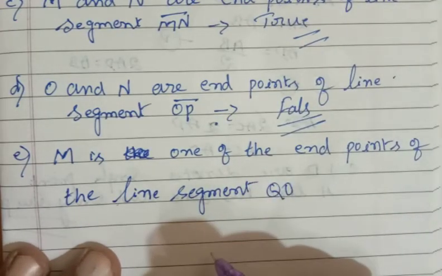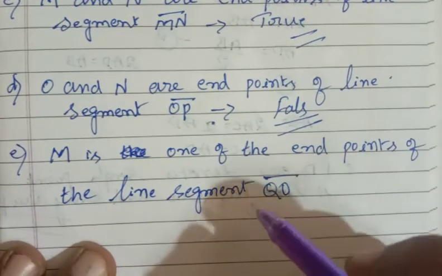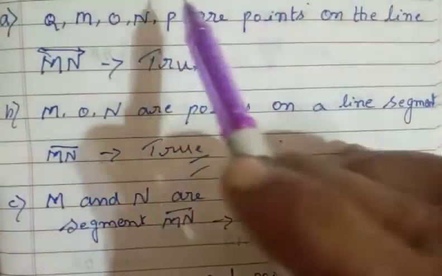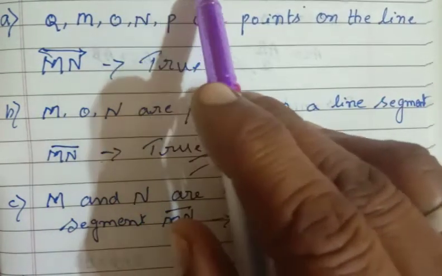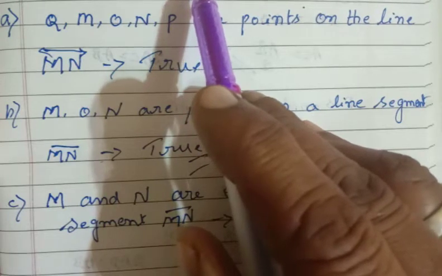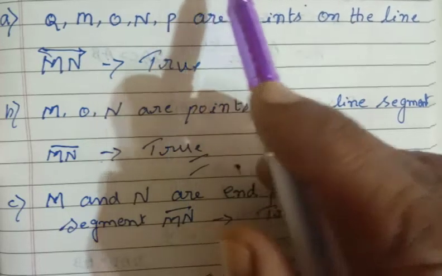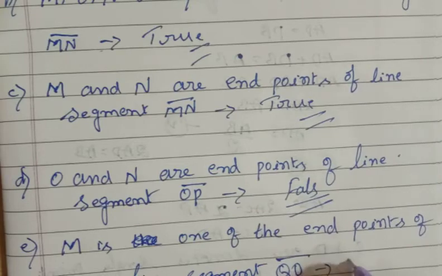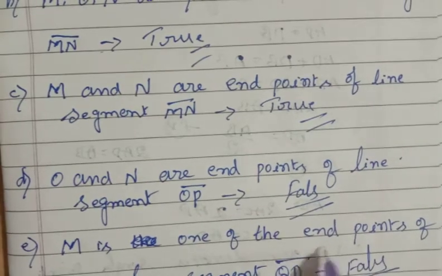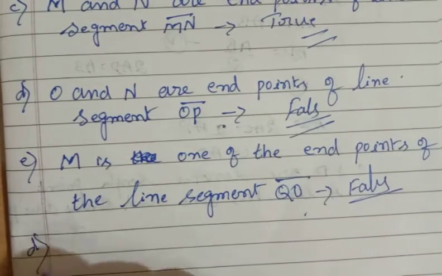True or false? M is the midpoint of line segment QO, not one of the endpoints. So the statement is false. It is wrong.